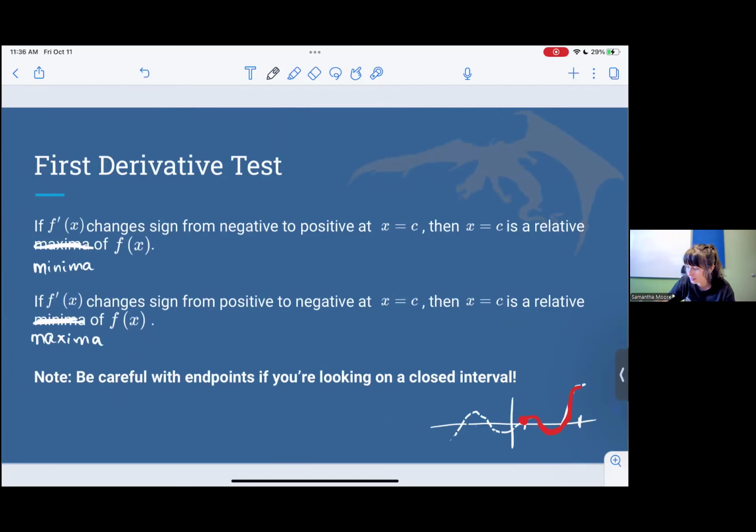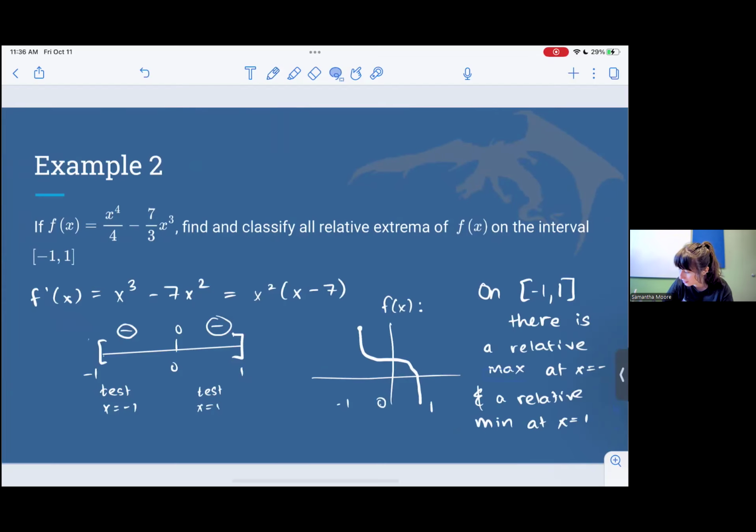Okay, so the function is sort of decreasing, levels out, decreasing. And so we're going to have our maximum at the left endpoint, at x equals -1. And then we're going to decrease until we get to our minimum, which is going to be happening at x equals +1.